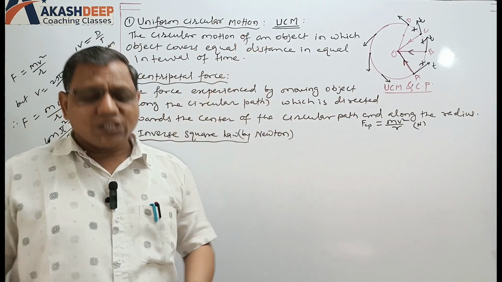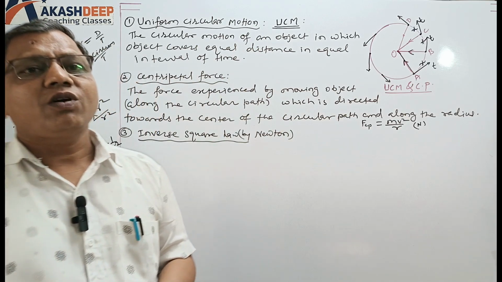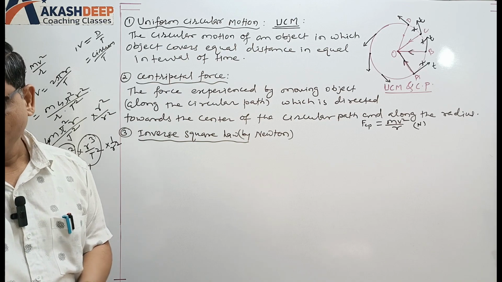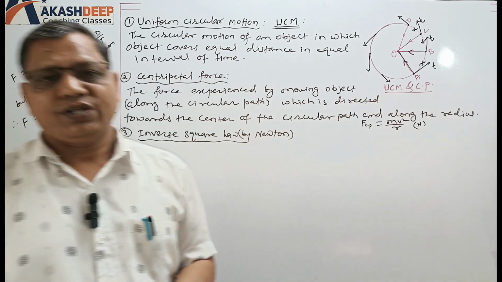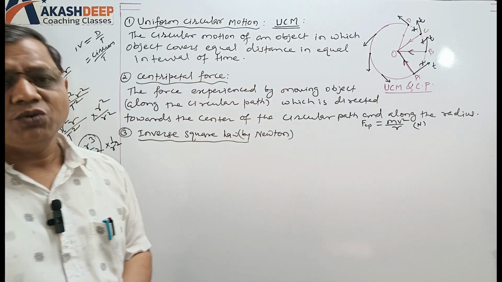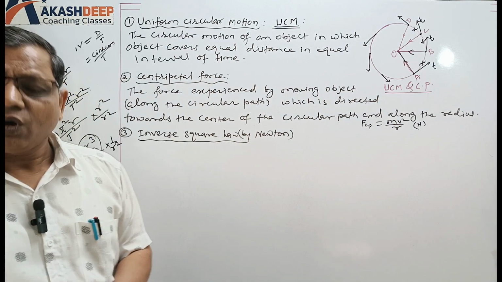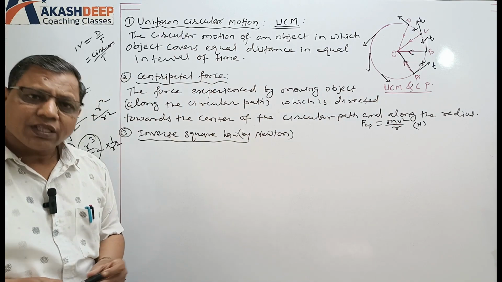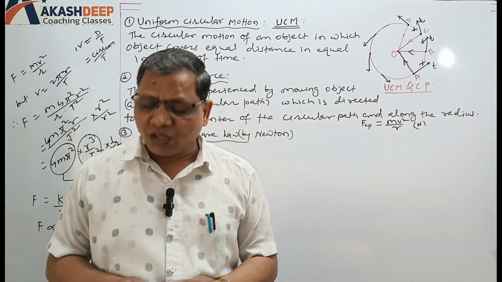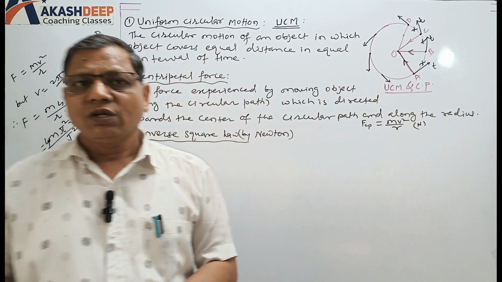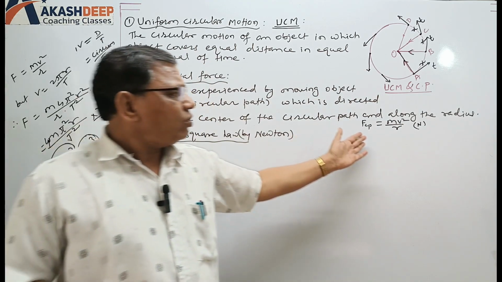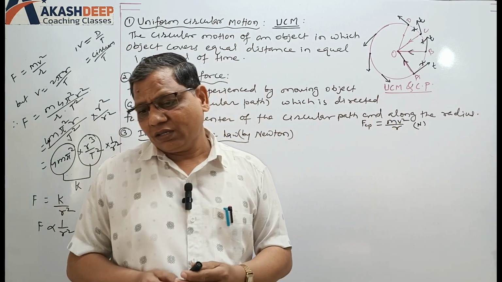While explaining this concept of uniform circular motion and centripetal force, Newton observed that the force experienced by the object moving along the circumference of the circular path, towards the center along the radius, has magnitude mv square upon r.